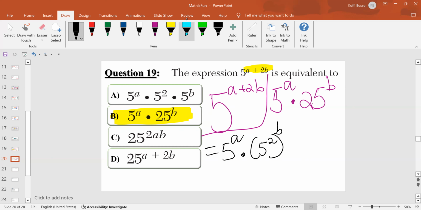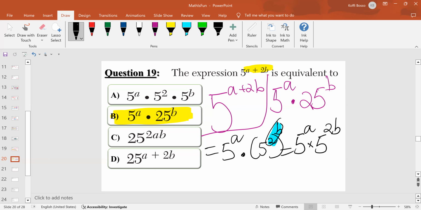And there is a rule in exponents you have to know. Every time you have something raised to a power, together raised to another power, you multiply the two powers. So this is power to power. That means you're going to have 5 raised to the a power times, the dot is multiplication, 5 raised to 2b.